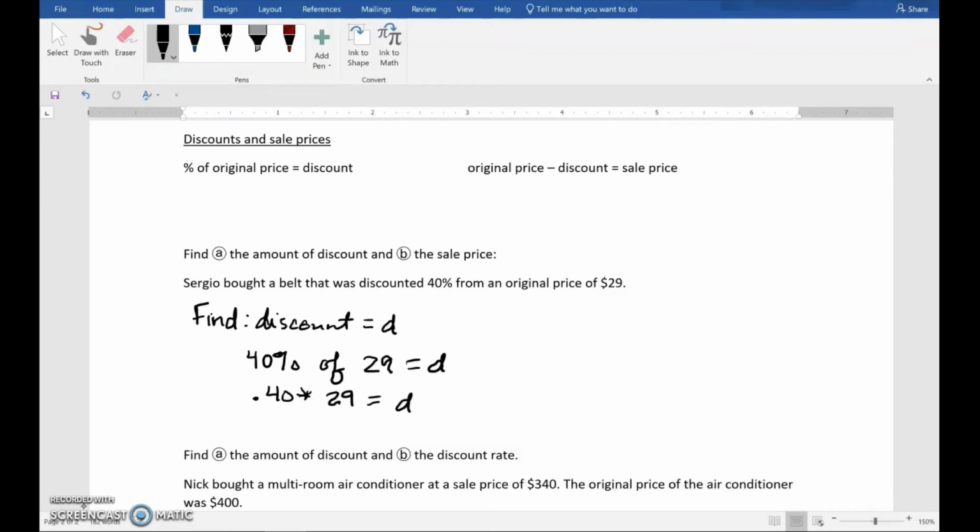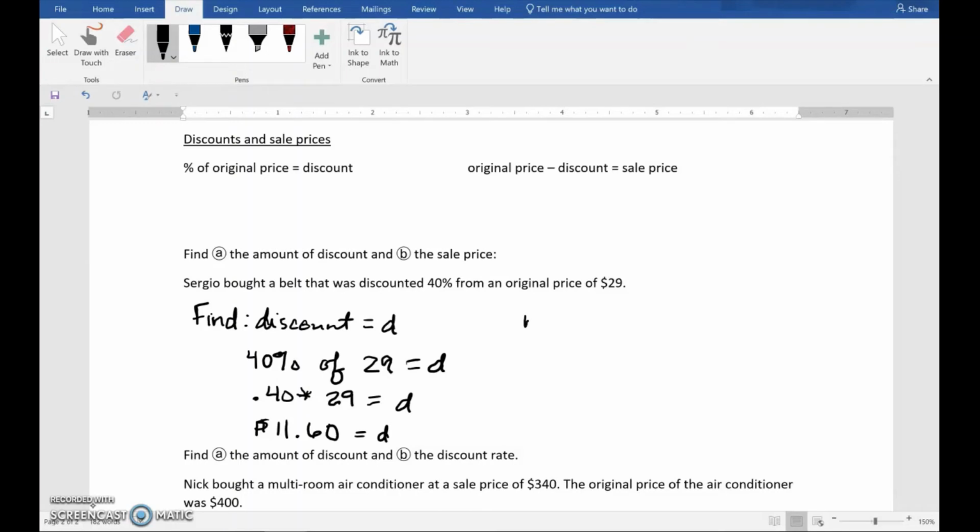Throwing that into our calculator, we get 11.6, but since we're talking about money, money always has 2 decimal places, so let's add a 0 there. So my discount would be $11.60.